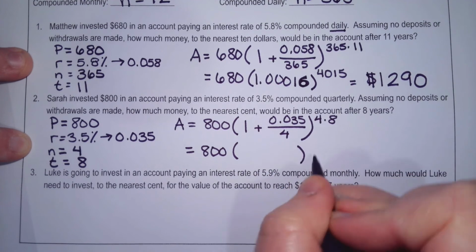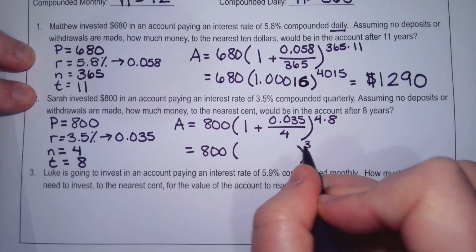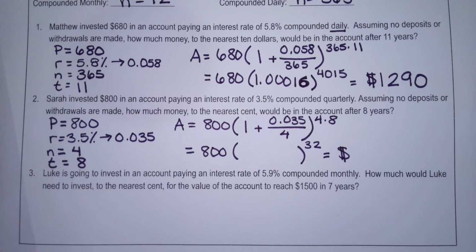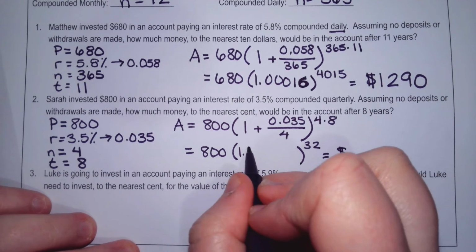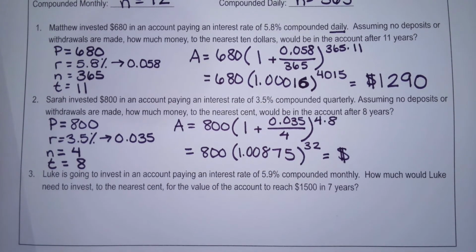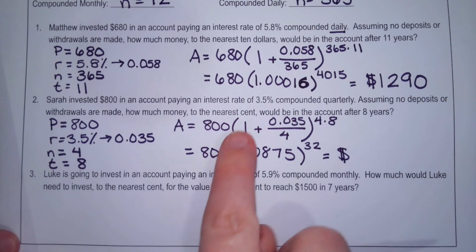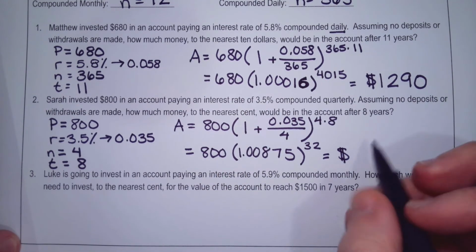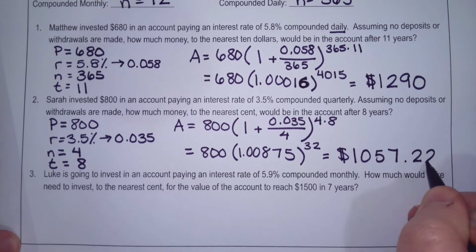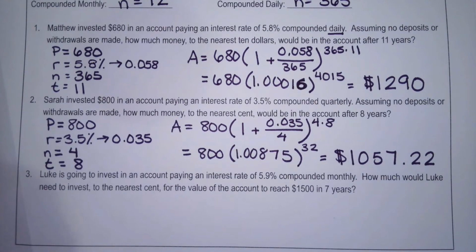And again, I'm going to simplify inside the parentheses and my exponent before calculating the total. So we get 1.00875 inside the parentheses. So 800 times 1.00875 to the power of 32. All right, and then this one's to the nearest cent. So that's what we like to see. So $1,057.22. So there we go.